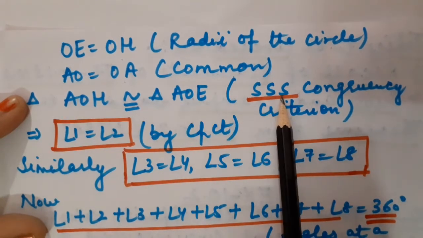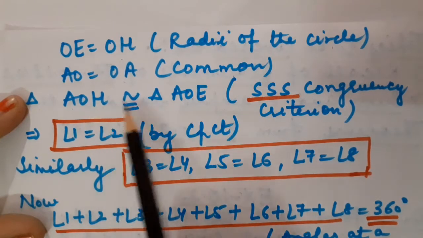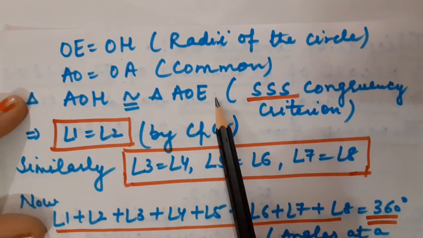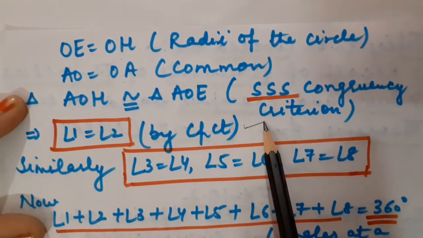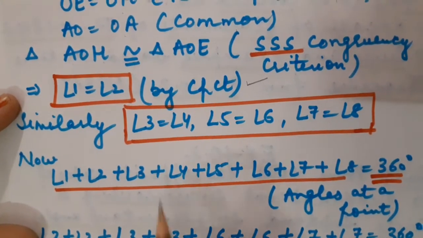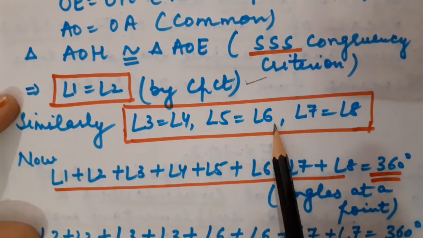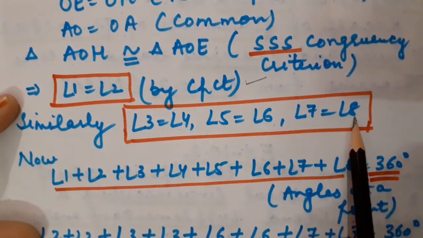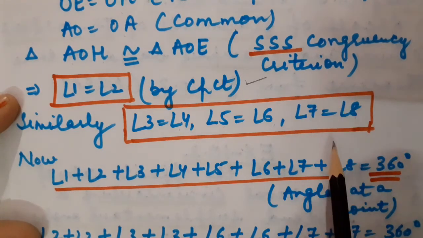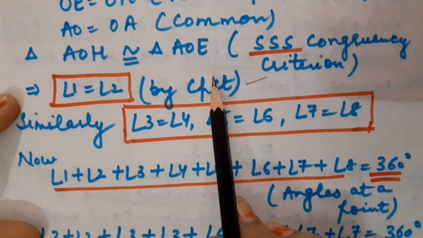That by SSS congruency criteria, triangle AOH must be congruent to triangle AOE. So by CPCT, as I have just explained, angle 1 must be equal to angle 2. In the same manner, angle 3 is equal to angle 4, angle 5 is equal to angle 6, and angle 7 is equal to angle 8. You are supposed to apply the congruency criteria for the rest of the 3 pairs of triangles also.